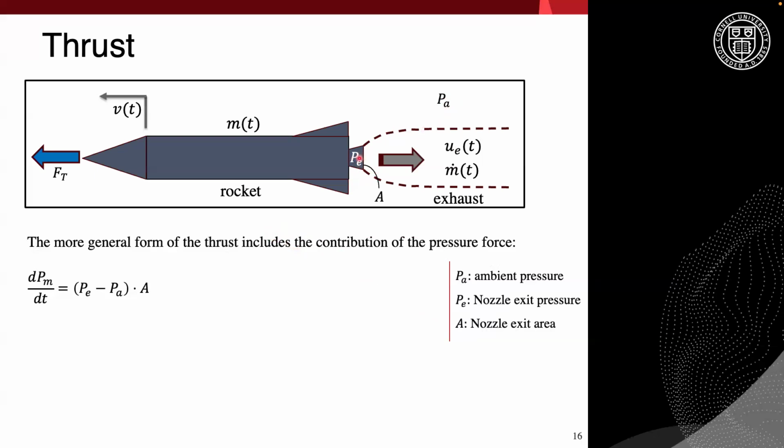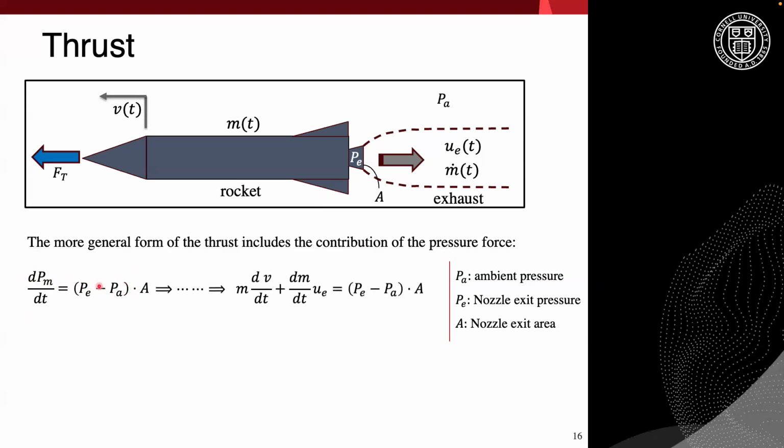And this difference of pressure is going to create a pressure force equal to PE minus PA times the nozzle exit area, which is A. So now, instead of having dp/dt equal to 0, we'll have it equal to PE minus PA times A, which is the pressure force.